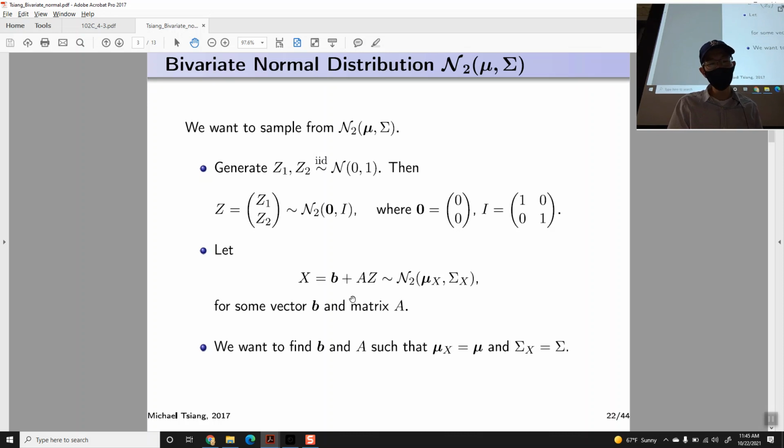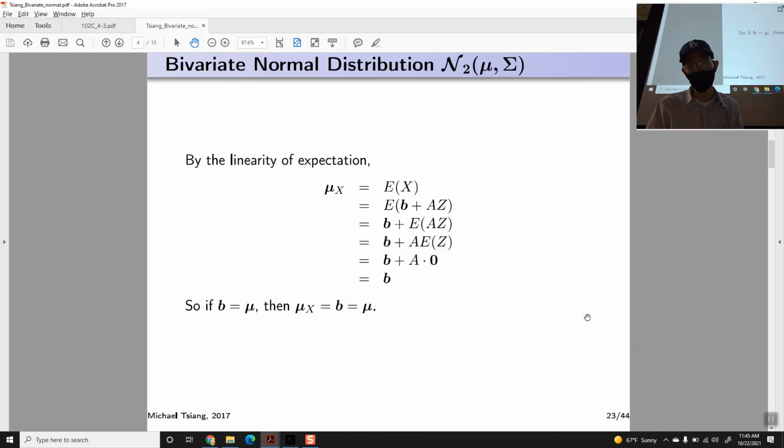Can we figure out what B should be and what A should be so that the resulting distribution has the properties that we want? We want to pick a B so that when X is equal to B plus A times Z, the resulting mean is going to be mu. And pick an A, and a B also, so that when I take the variance of this resulting variable, with the Z's coming from the standard normal independently, we get the covariance matrix sigma.